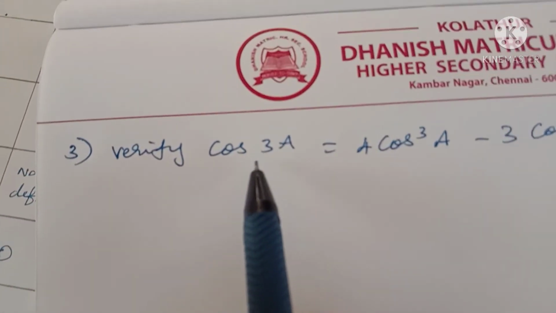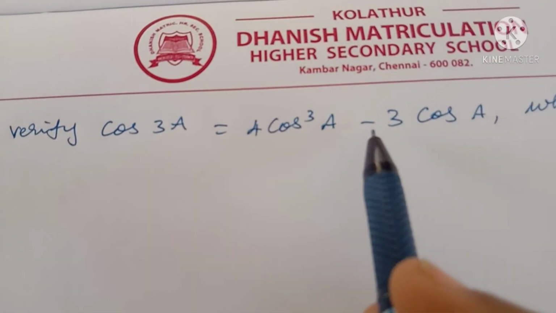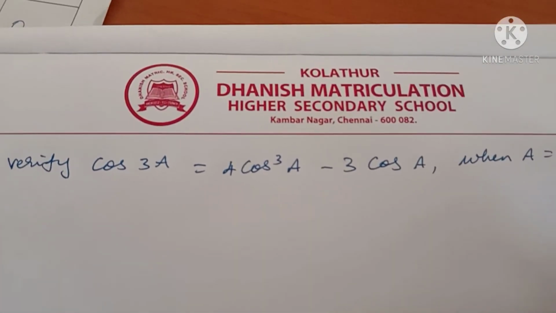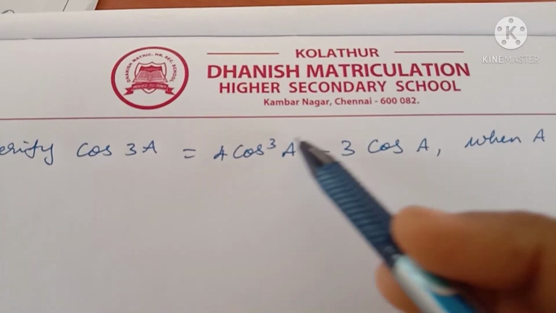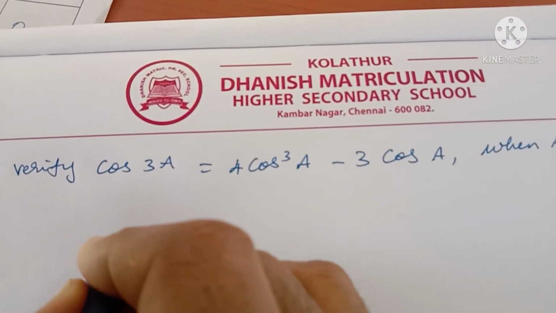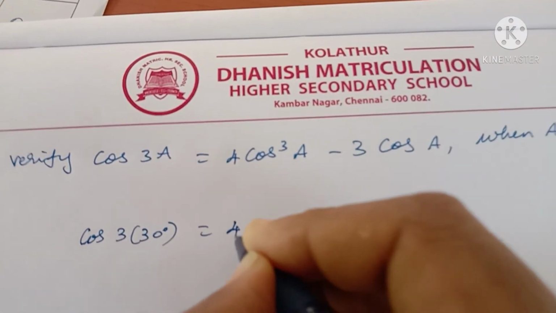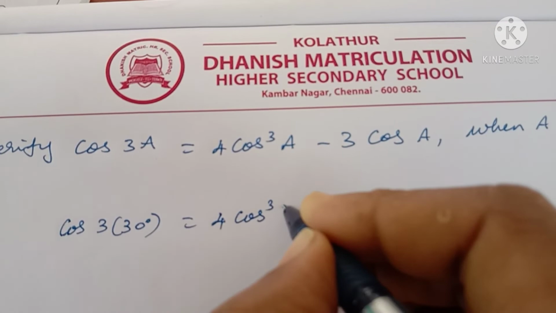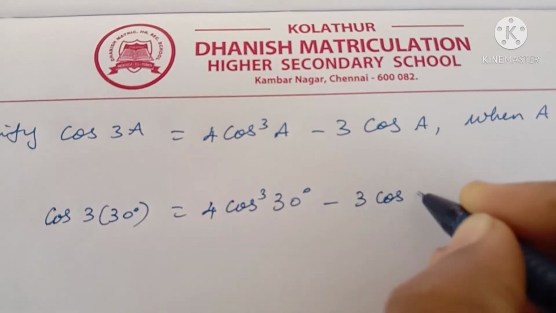Next question: verify cos 3a is equal to 4 cos cube a minus 3 cos a when a is equal to 30 degree. So you have to substitute the value of a in the place of a. Therefore cos 3 into 30 degree is equal to 4 into cos cube 30 minus 3 cos 30.